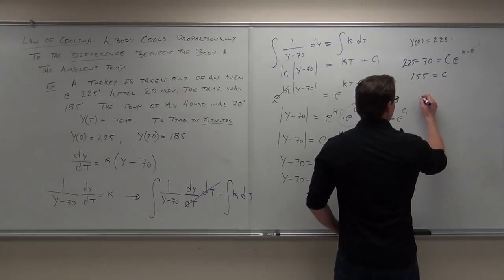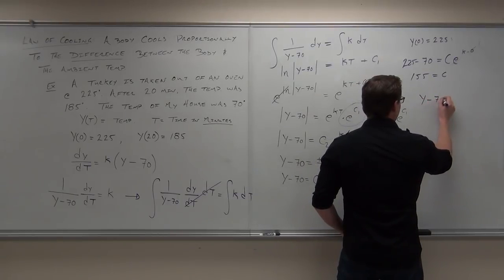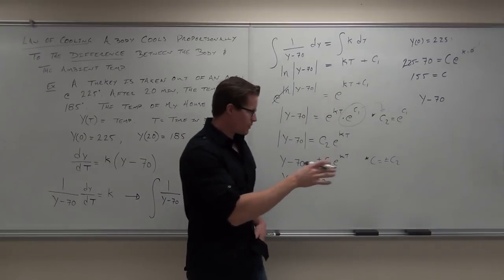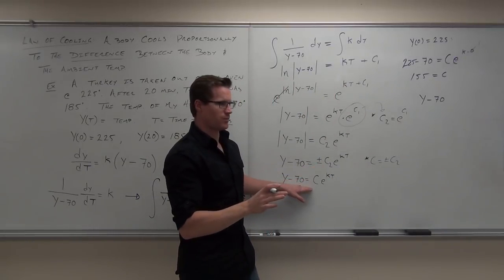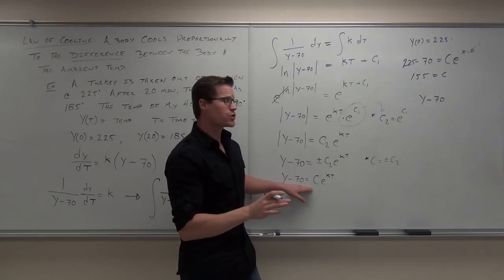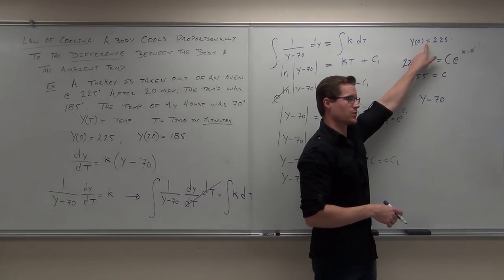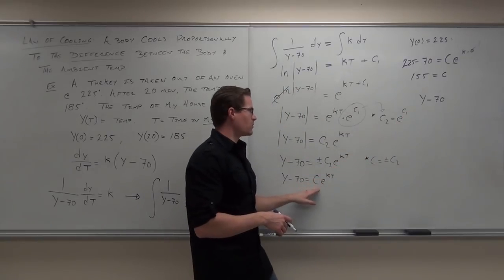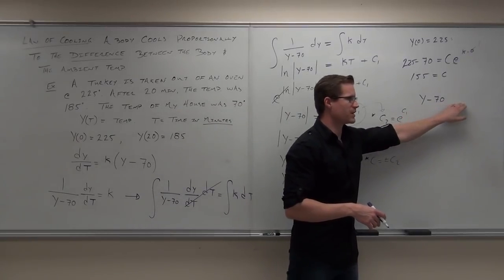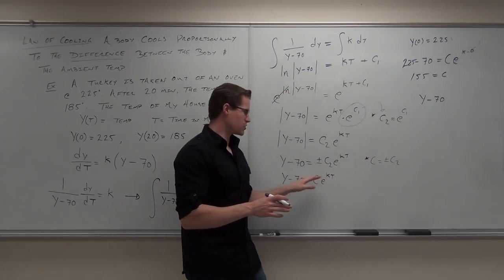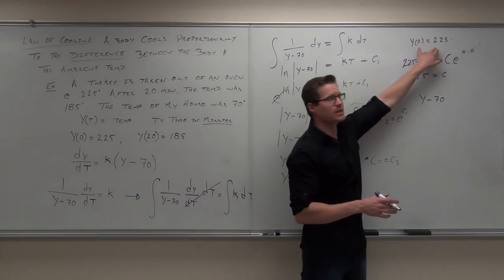So what we know now is that y minus 70, so we have our general solution, not a problem. Use your initial value to find a particular solution. So we're changing from general to particular by solving for our C. That's it. So general's here. Plug in the initial value.